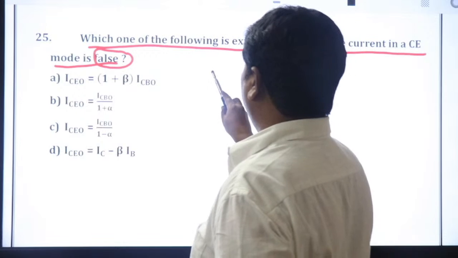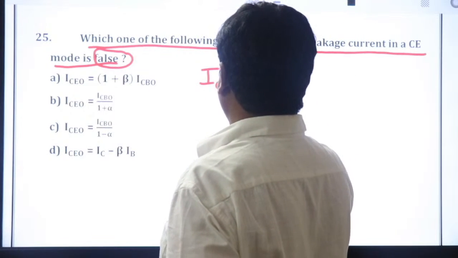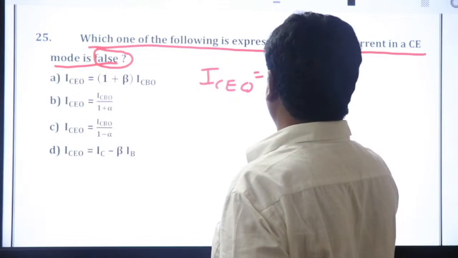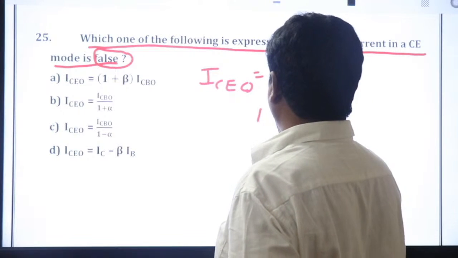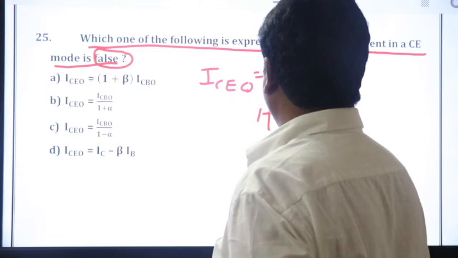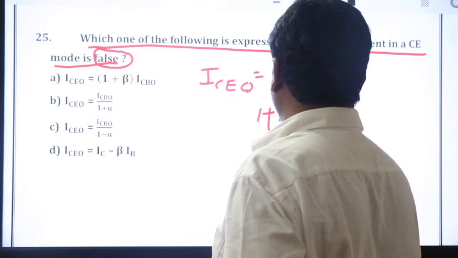So actually ICE naught is equal to (1 plus beta) times ICB naught. 1 plus beta is nothing but gamma. Gamma is nothing but 1 by (1 minus alpha).